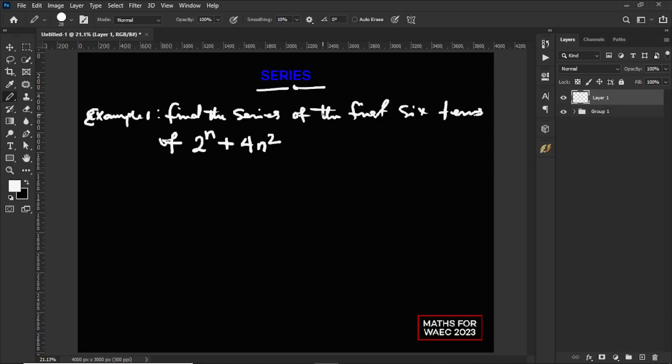The question says find the series of the first 6 terms of 2 raised to power n plus 4n squared. Solution.